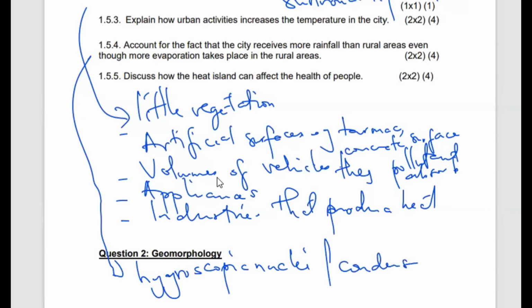Right. For effective condensation to take place, we need what you call the nuclei for condensation, or the hygroscopic nuclei.